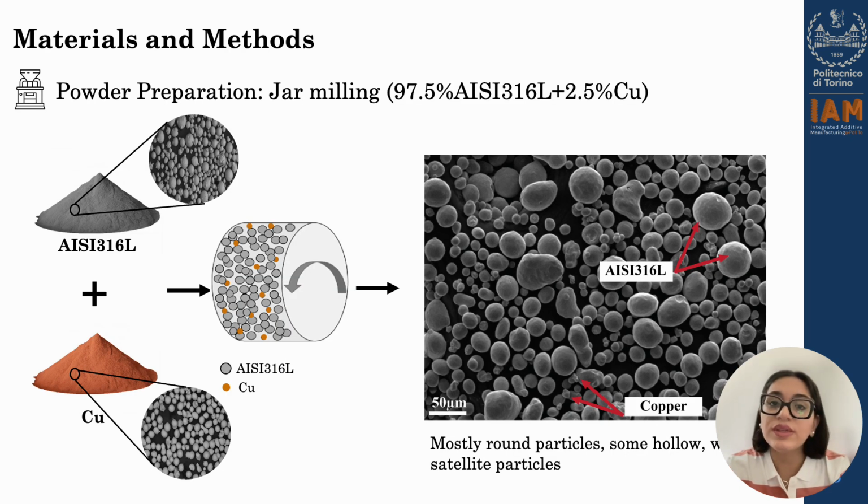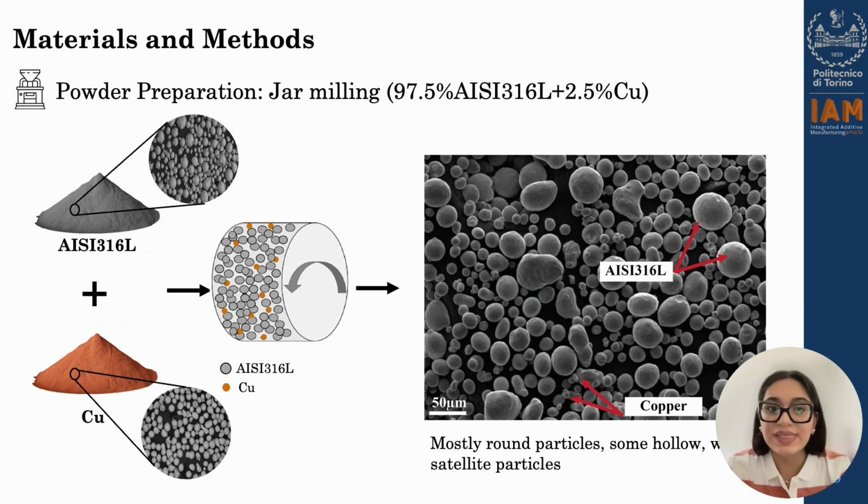Accordingly, in order to develop our new alloy following in situ alloying, the first step is powder preparation. So 316L stainless steel powder was mixed with 2.58% of copper in a jar mill without balls for 24 hours.